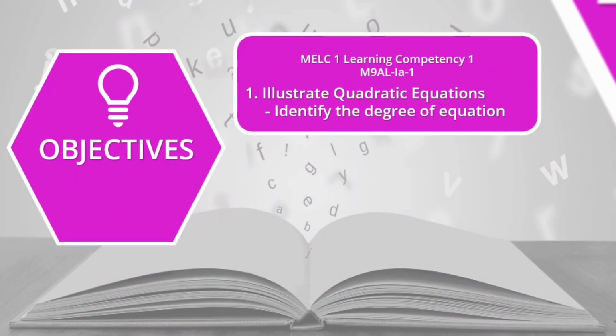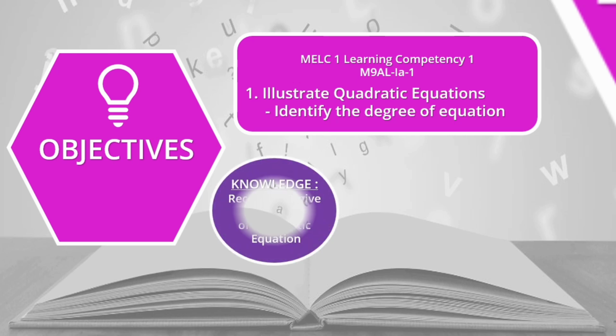Our objectives in this video will be the first MELC, or the most essential learning competency in Mathematics 9, and that is to illustrate quadratic equation. We will be able to know what is a quadratic equation. And for the KSA objectives, we have this.